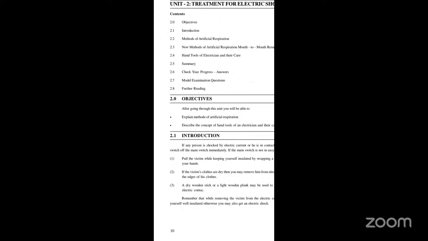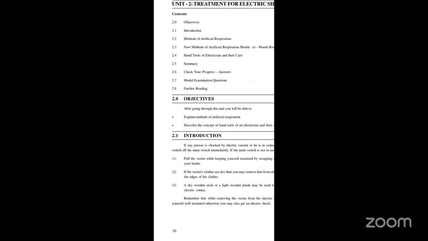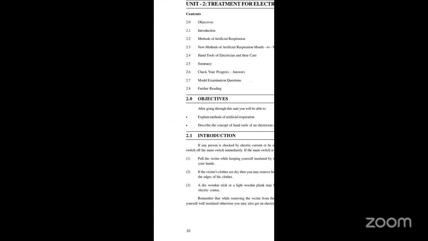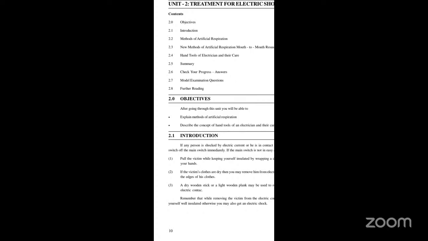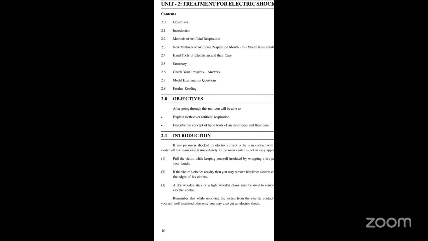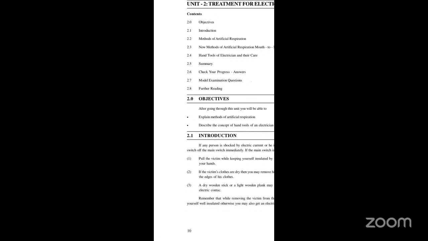If the victim's clothes are dry, you may remove him from electric contact by pulling the edges of his clothes. A dry wooden stick or light wooden plank may be used to remove him from the electric contact. These are the basic requirements, the initial priorities, these three points.